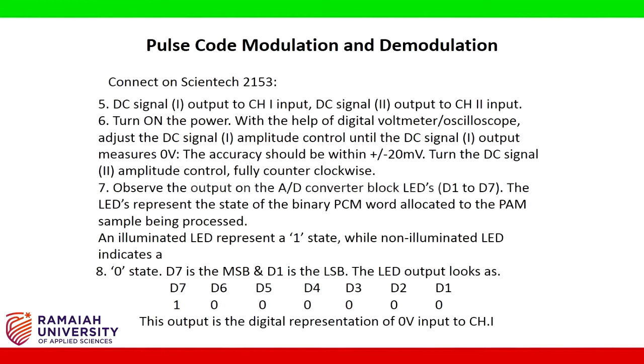D7 is the MSB and D1 is the LSB. The LED output looks as D7 is 1, D6 is 0, D5 is 0, D4 is 0, D3 is 0, D2 is 0, D1 is 0. This output is the digital representation of 0 volt input to channel 1.